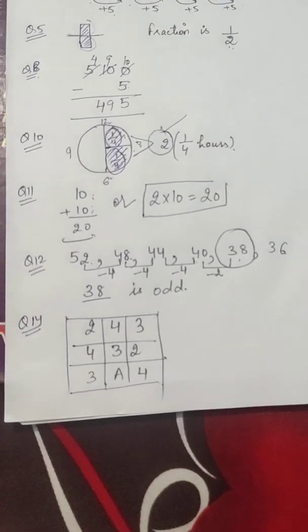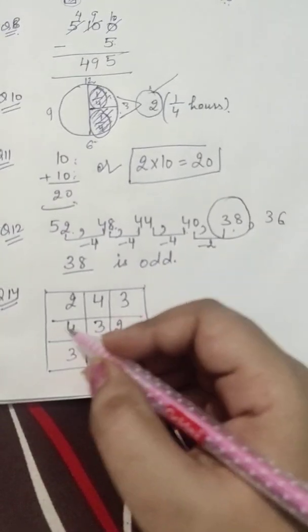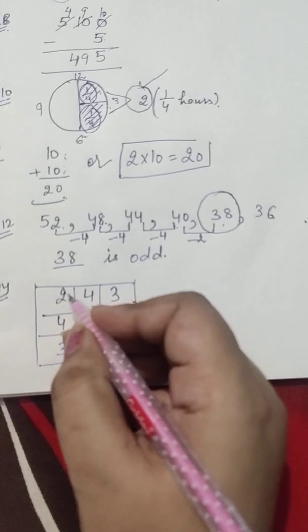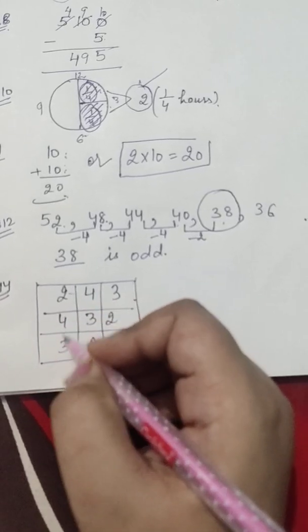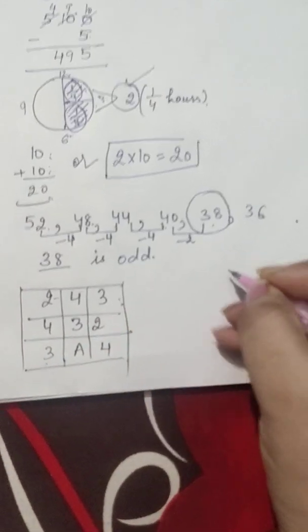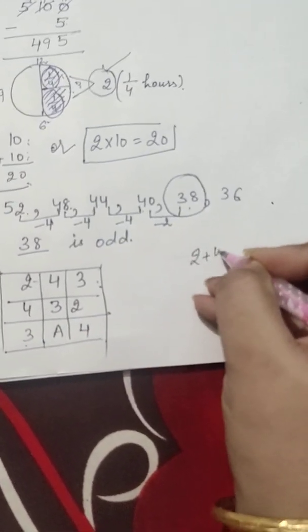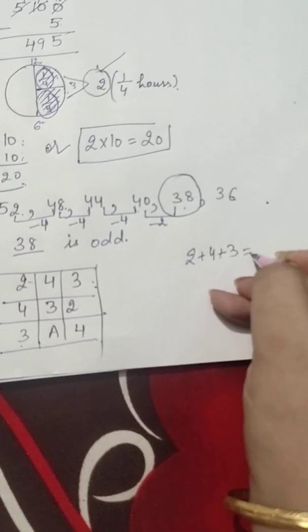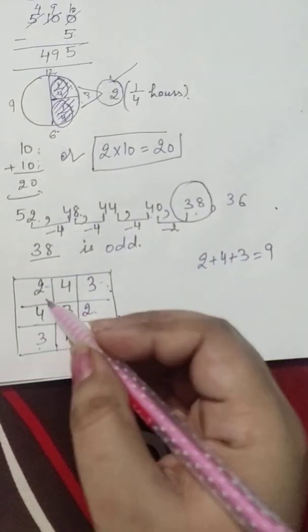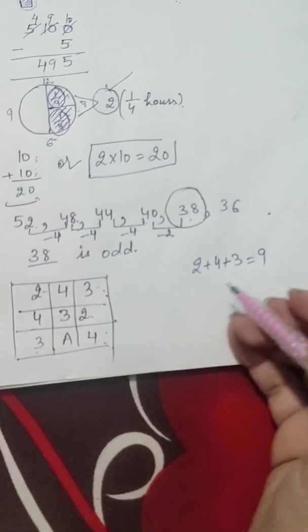Next is your question number 14. So in this type of questions, what you have to do, you have to either add the row or the column. You can use any method. Here I am using the row method, that 2 plus 4 plus 3 is your 9. The sum of each row and each column will be 9.